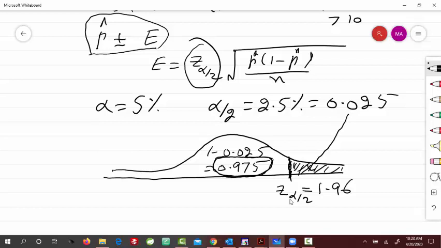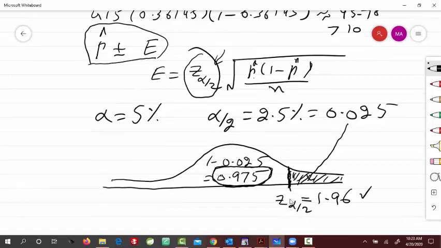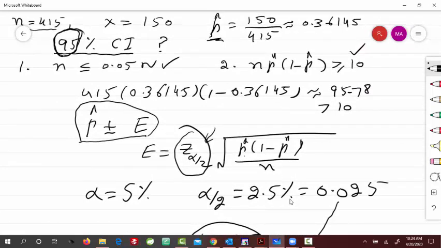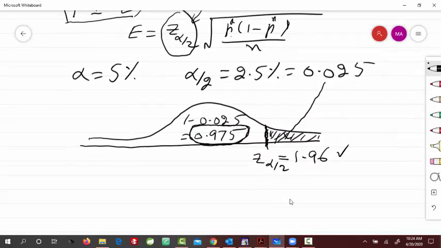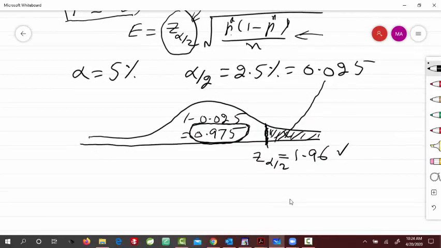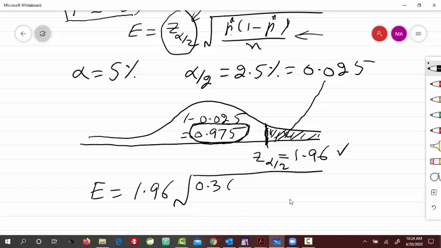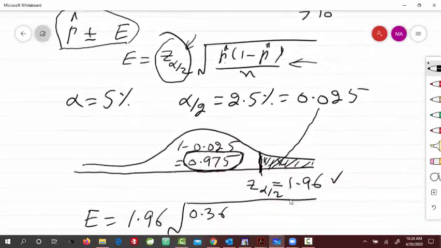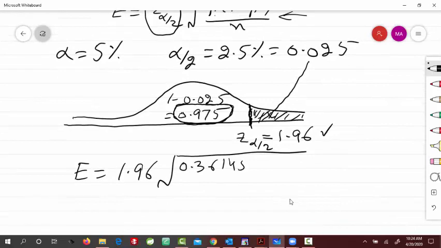So once we have this value, we just plug in here, then the p hat value we already computed, and then the n value, and this would give us E. Remember our p hat value was 0.36145. So plugging in these values, E would be equal to z sub alpha by 2, which is 1.96, times the square root of 0.36145 times 1 minus 0.36145, divided by n, which is 415.